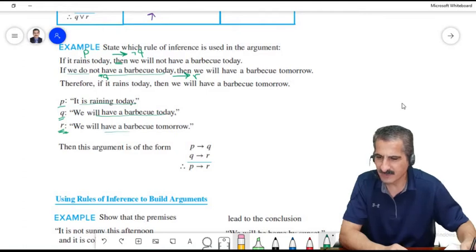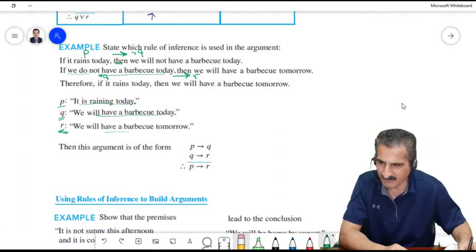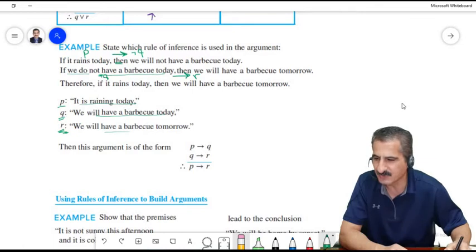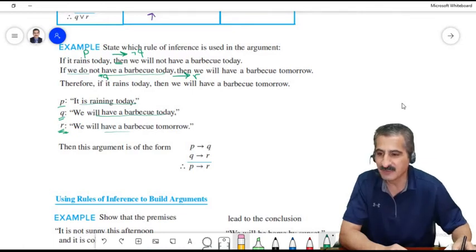Okay, so actually we will have a Q. I can keep it that way, or I will add not to Q, so Q will become we will have barbecue today. But let me leave it as I got it here. Let Q mean we will have barbecue today.